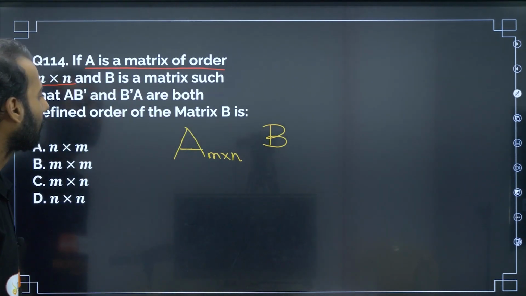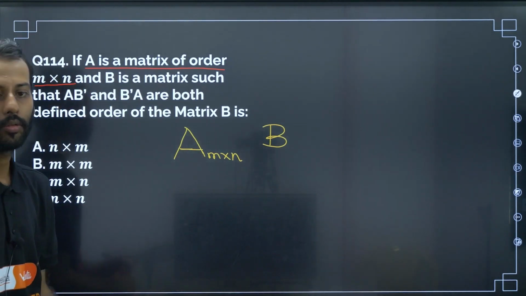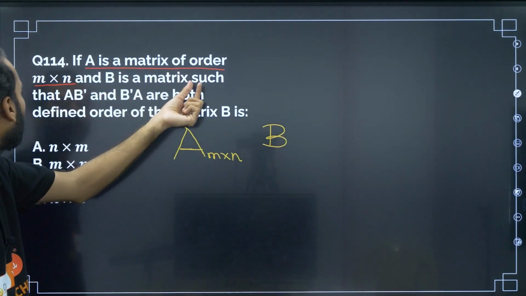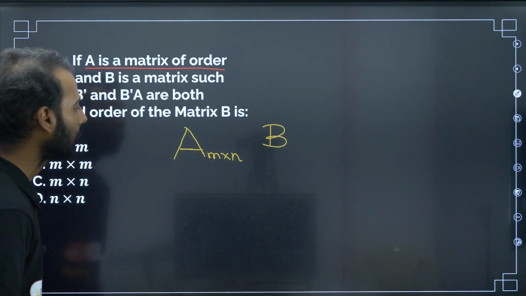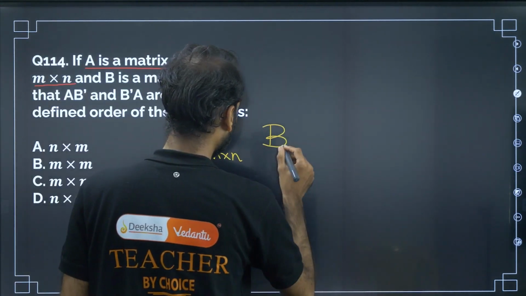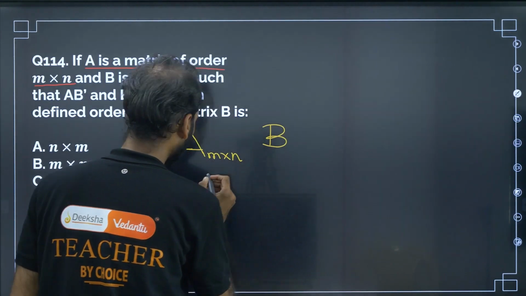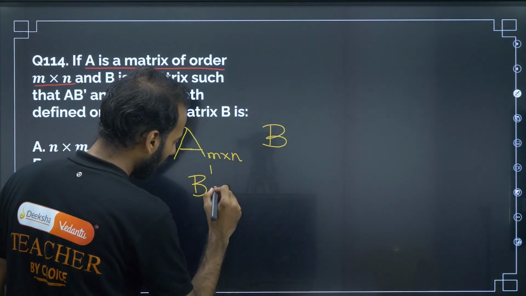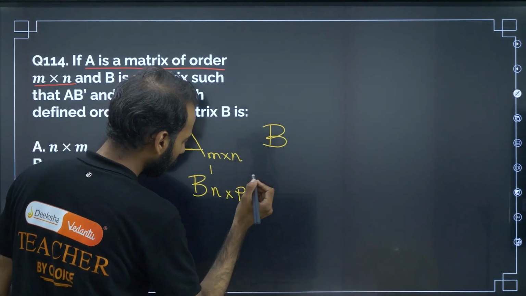Order of the matrix B is, once again I will go through the question. If A is a matrix of order m cross n and B is a matrix such that A B dash is defined, if I assume B is some matrix, B dash is also some matrix, B dash has to start with n into p.